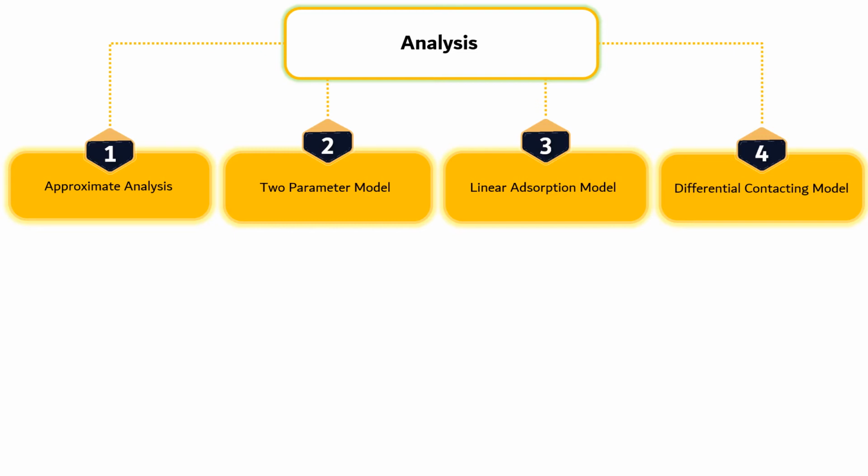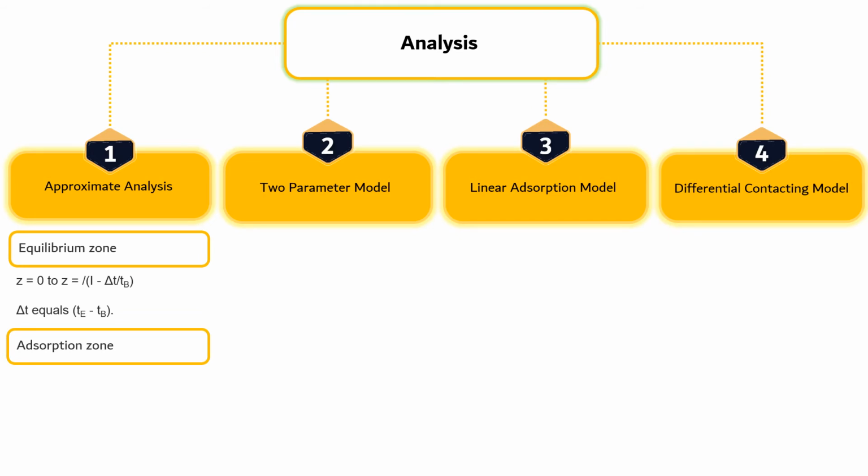The times where these concentrations occur can be used to infer two zones in the bed, as shown in the previous slide. First is an equilibrium zone where the bed is essentially saturated. This zone exists from Z equals 0 to Z equals L minus L delta T over TB. Second is the adsorption zone.